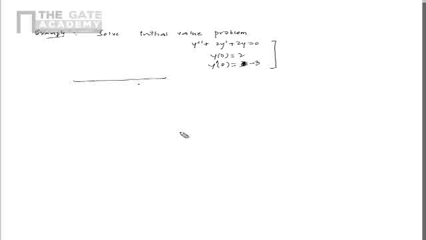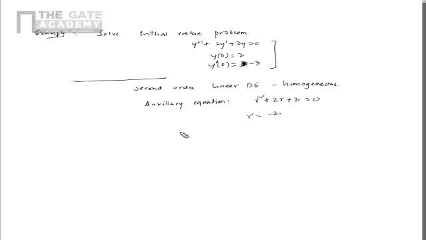Okay, so same thing, this is a second order linear differential equation, homogeneous. So whatever we have discussed we can readily use. So just forming the auxiliary equation, you can get r square plus 2r plus 2 is equal to 0, and this will give rise to minus 2 plus or minus square root of b square minus 4ac, by 2. So if I simplify, I'll get minus 1 plus or minus i.